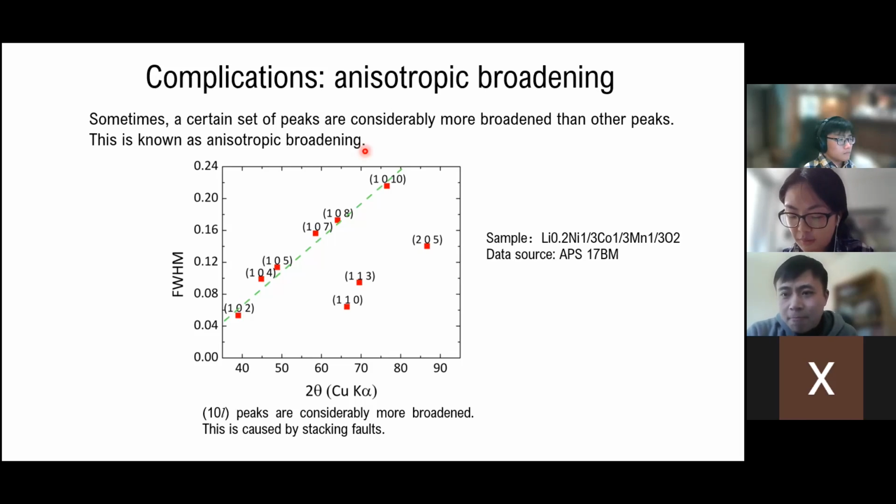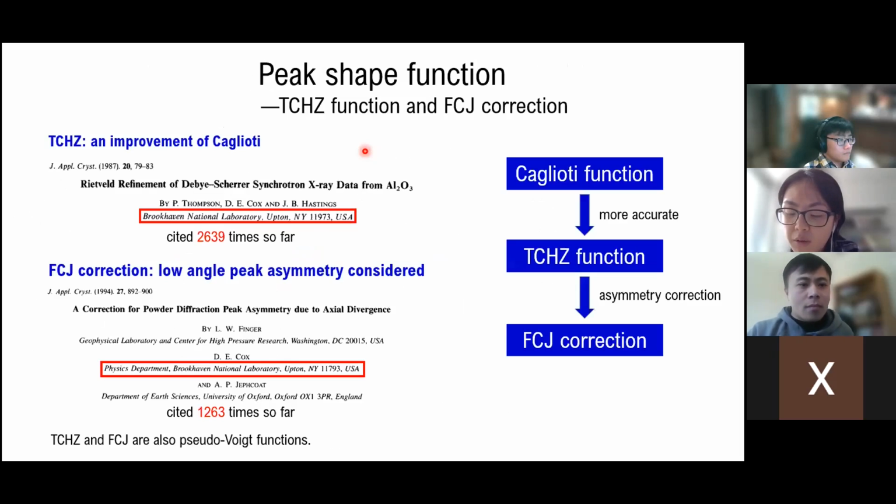Okay, thank you. My other question is, the FCJ correction is for the asymmetry correction. I'm wondering why the low angle peaks are more asymmetric. Yeah, that's a very good question. Maybe some time ago I was able to answer that, but frankly I forgot.